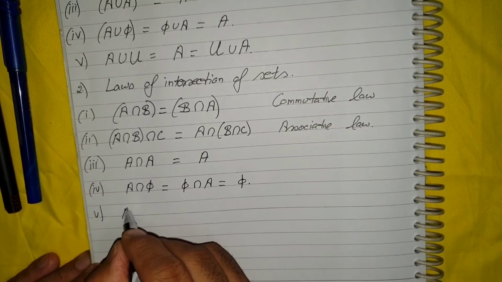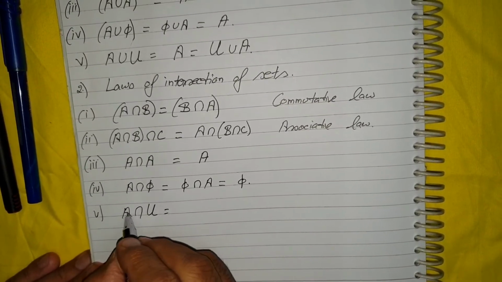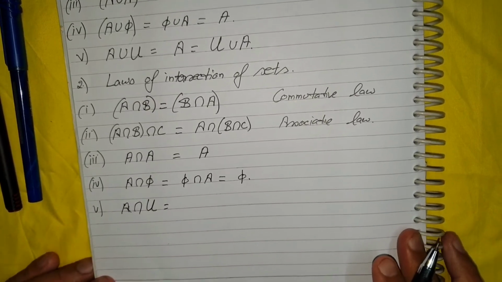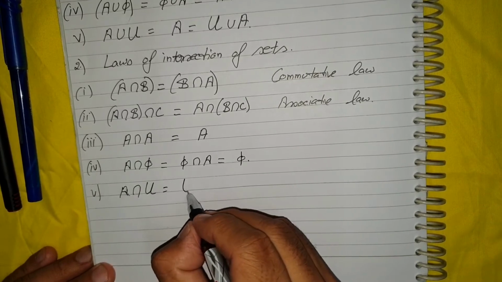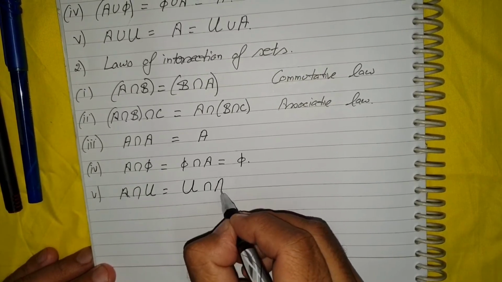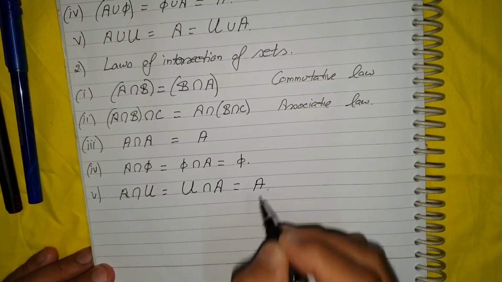Similarly, A intersection universal set equals universal set intersection A, that will be A.